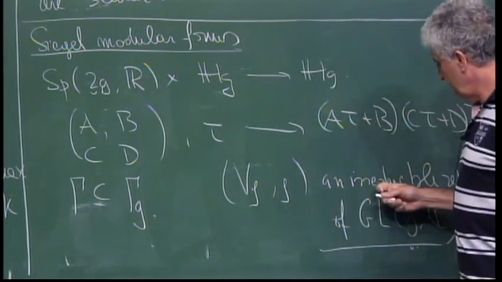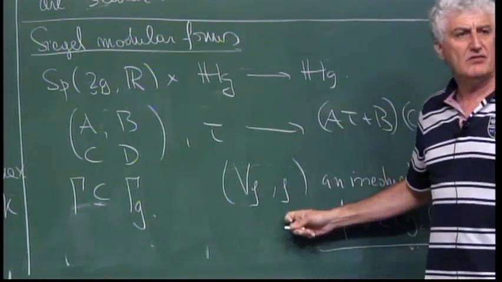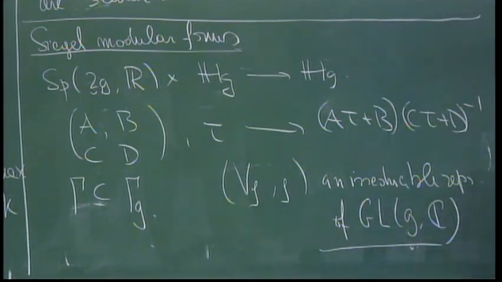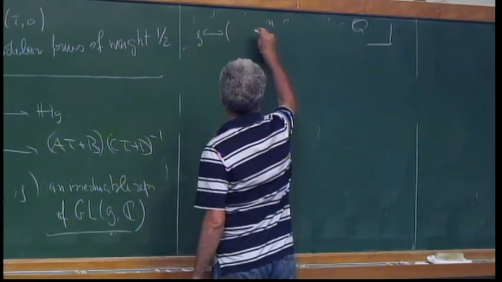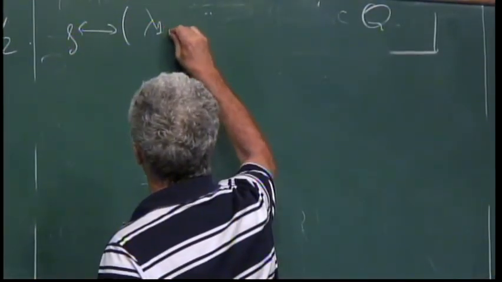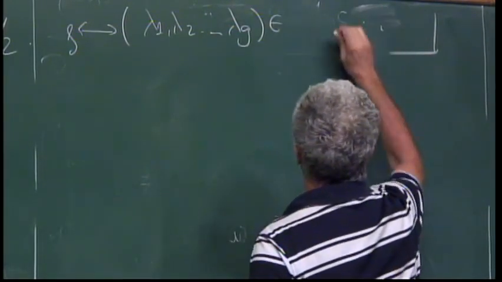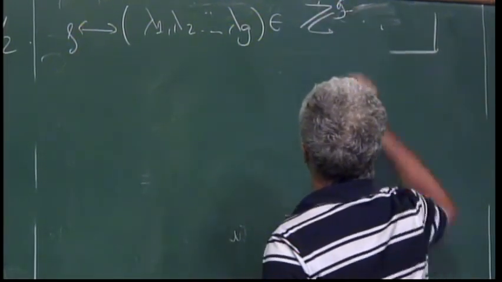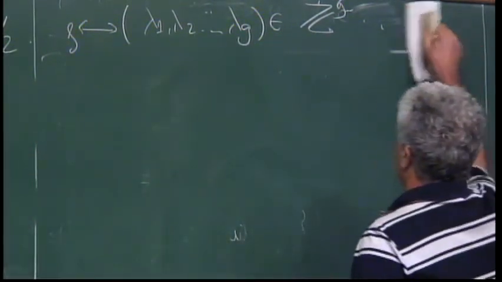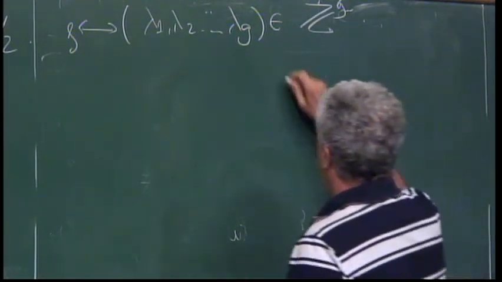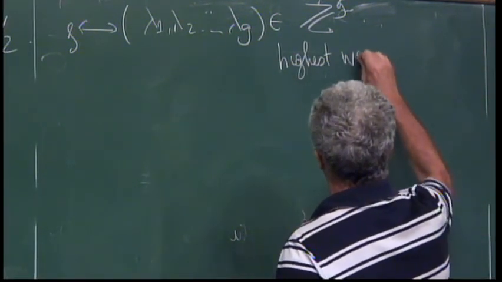Since an irreducible representation of GL_g is known when its highest weight is known, essentially we can associate to rho a tuple (lambda_1, lambda_2, ..., lambda_g) that belongs to Z^g. This is the highest weight.